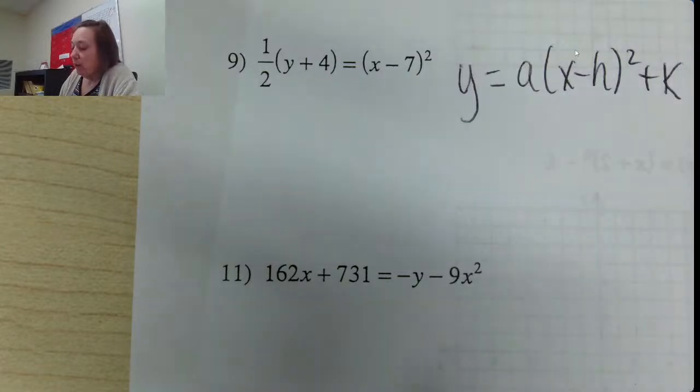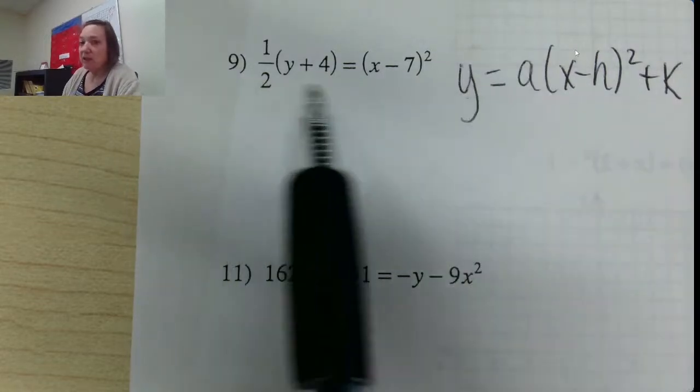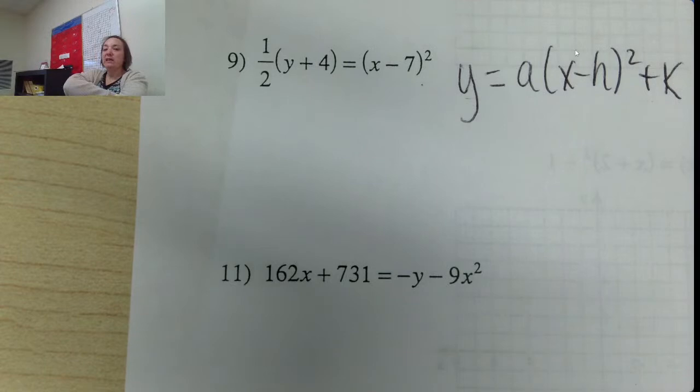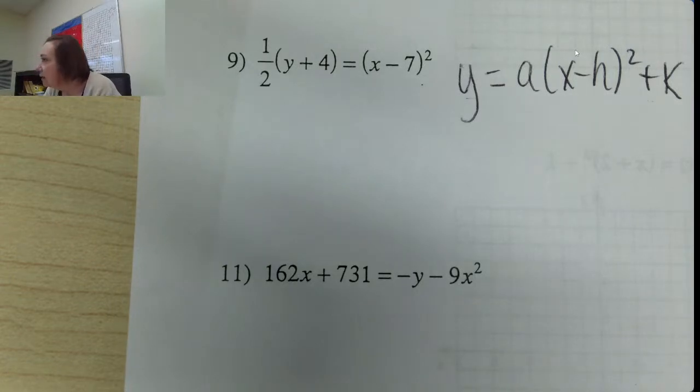If you're comparing this to this, tell me what you notice they have that's similar. If you're comparing our equation in number 9 to vertex form, what do you notice that they got that's similar? I'm sorry. The x minus 7 squared. That x minus 7 squared, right?